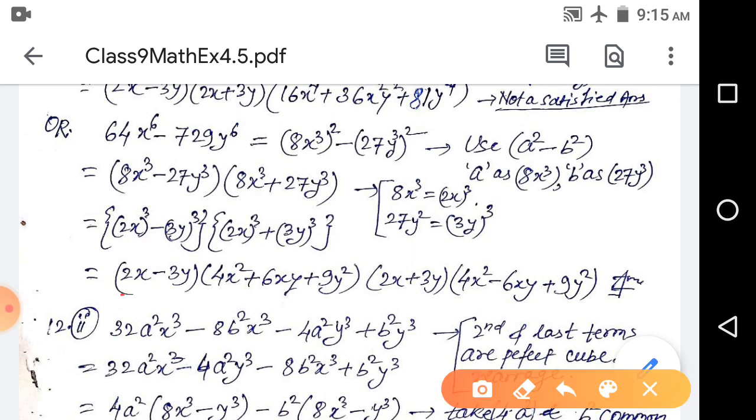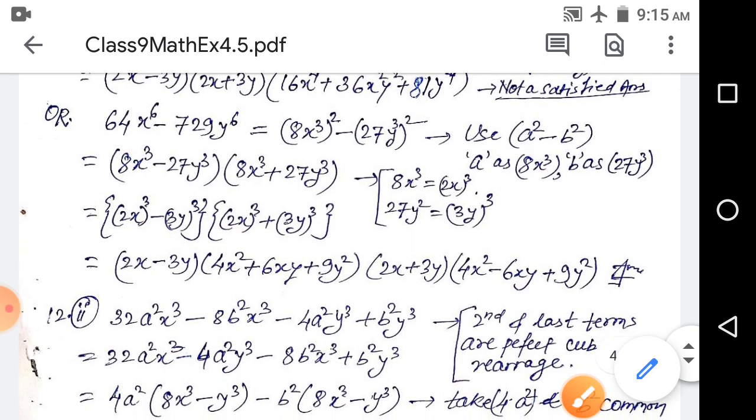It is 2x plus 3y, and 2x square, that means 4x square, 2x into 3y, that is plus 6xy, and 3y square, it is plus 9y square. Again, for the sum of two cubes, it is 2x plus 3y, 4x square minus 6xy plus 9y square, and this is the final answer for this bit. Now go to the next question.